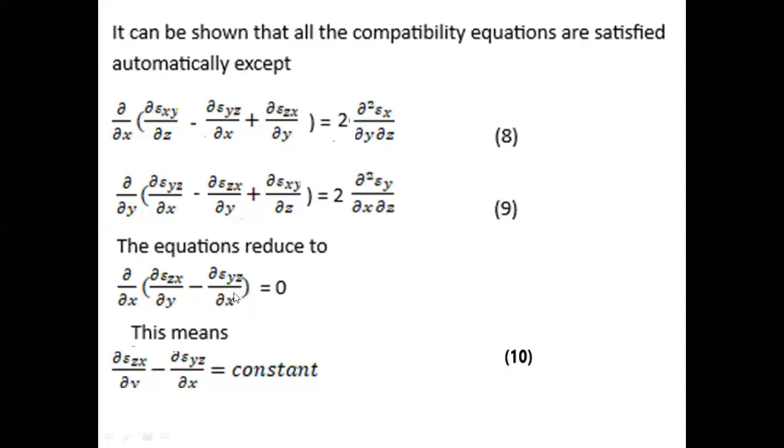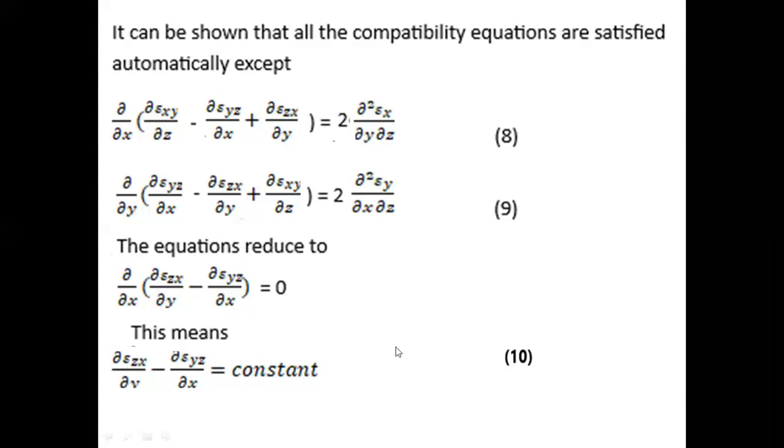This means that the term within the bracket must be a constant. So del epsilon zx by del y minus del epsilon yz by del x must be a constant. Equation 10 is a term that we can use in our further calculation.